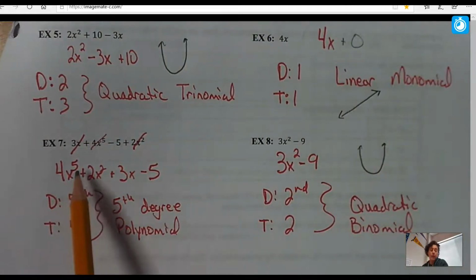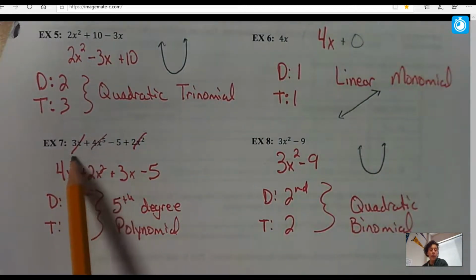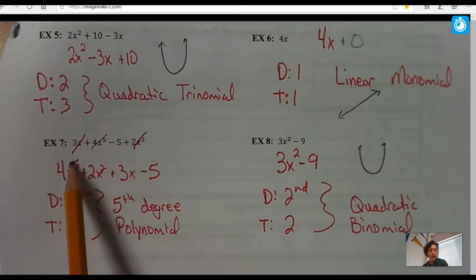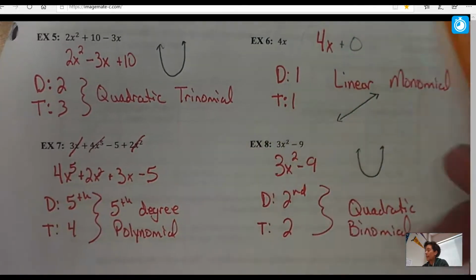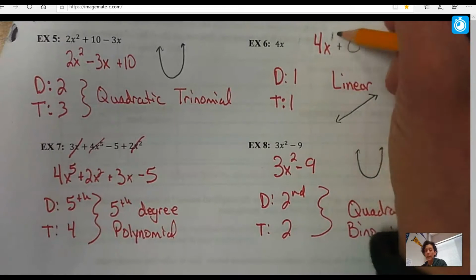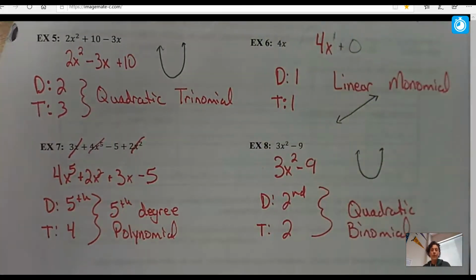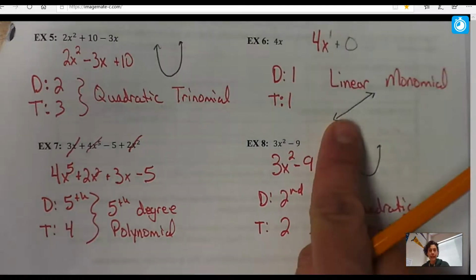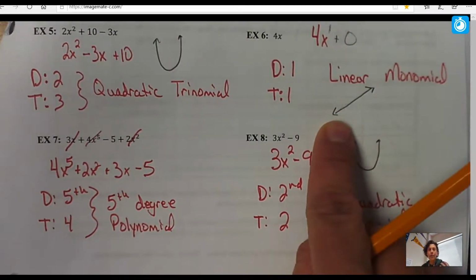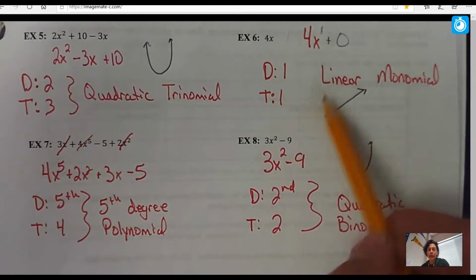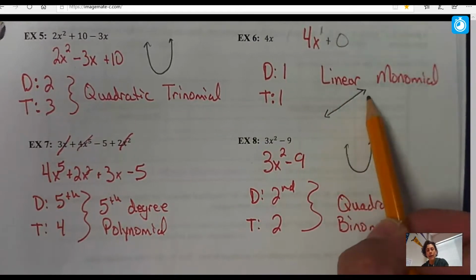And then eventually what you'll learn in Algebra 2 is that if your exponent is an odd exponent, just like this one, if the highest exponent is an odd exponent, in the end, it's going to look like the line. It's going to have these same behaviors on the sides. Like here it's going down on the left and it's going up on the right.